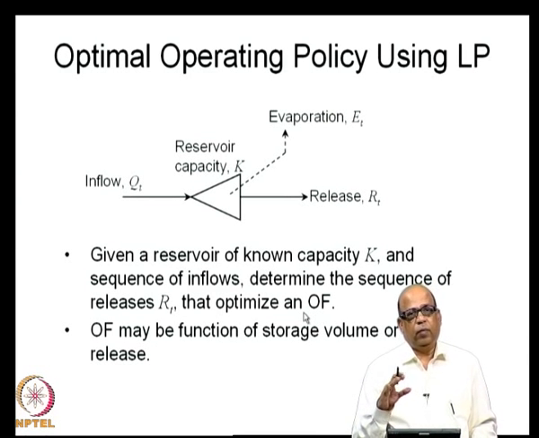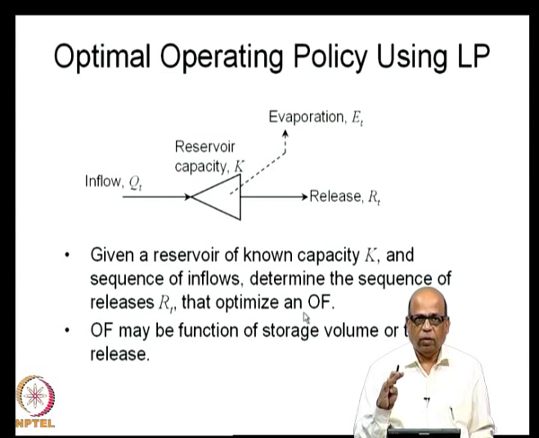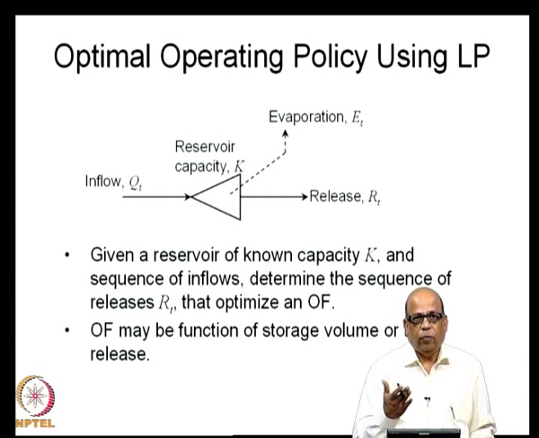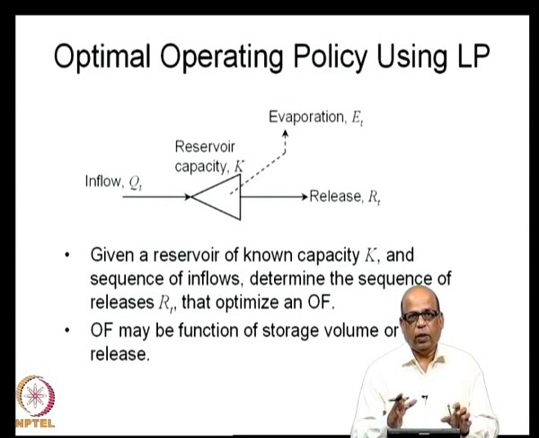Now, in general, when we are talking about reservoir operating policies, what we are looking at is the optimization of the reservoir operation over a time horizon, and typically we begin with 1 year as the time horizon.